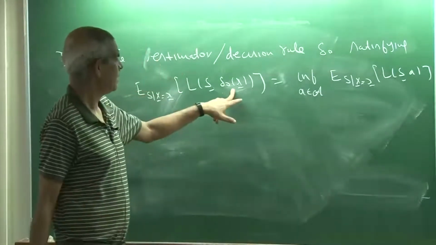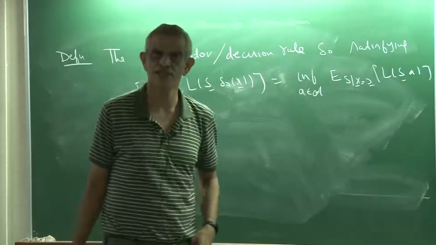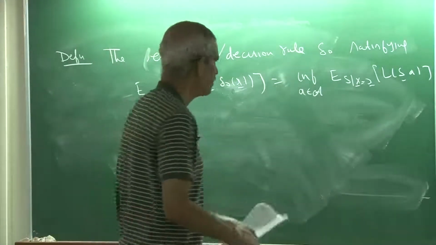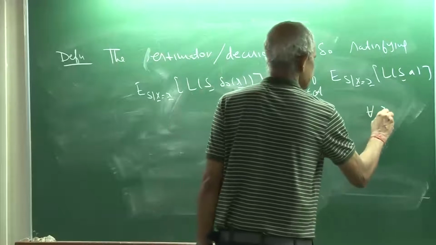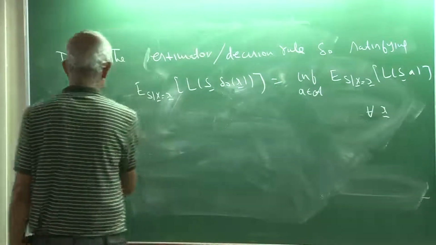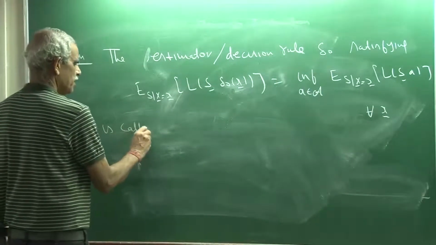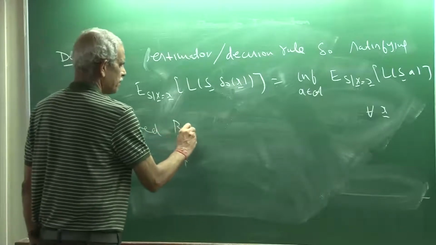So any delta naught x which minimizes the posterior loss for every x is called Bayes action.